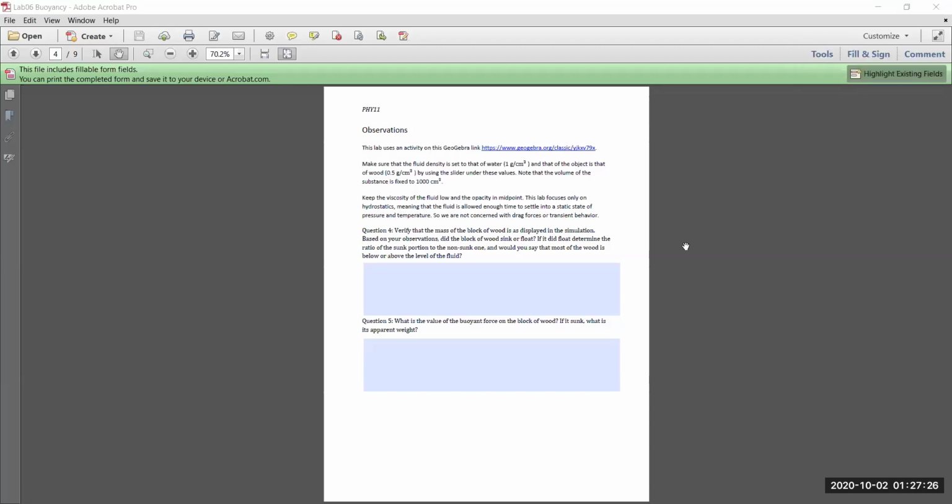So apparent weight would equal the normal force? Yes, the apparent weight is the normal force. Okay? The apparent weight is the normal force. It's the force you need to keep it basically from going any further, because it's now sitting on a support of some sort at the bottom of the tank. Okay?